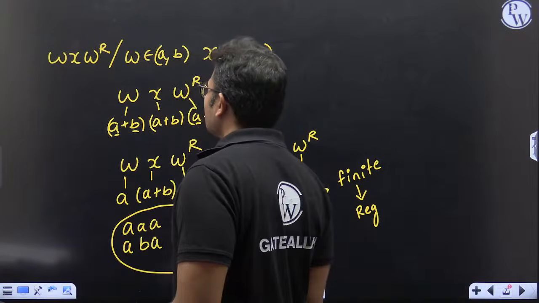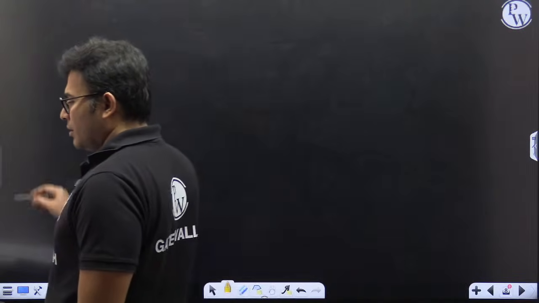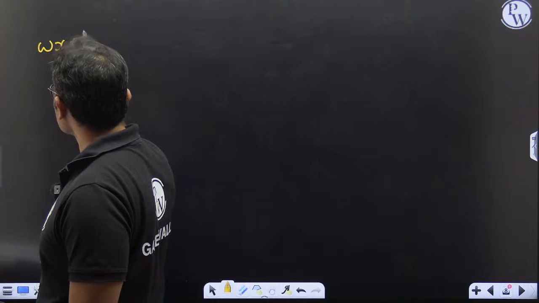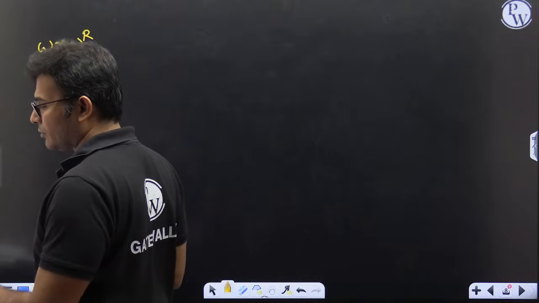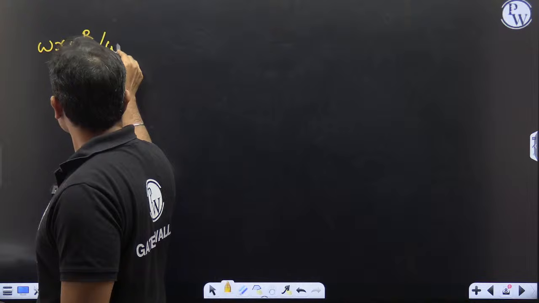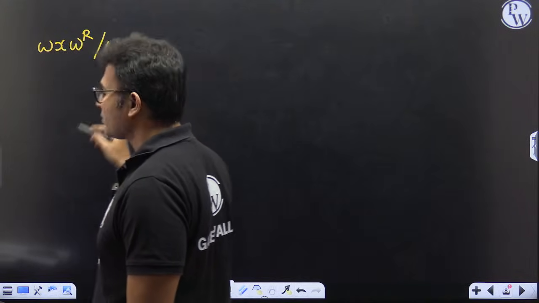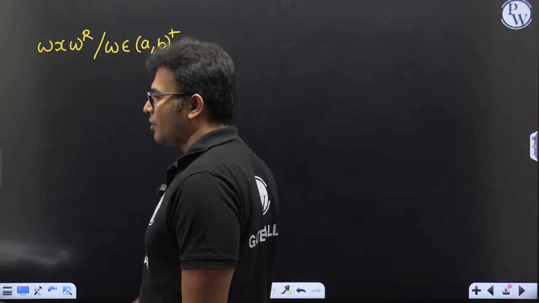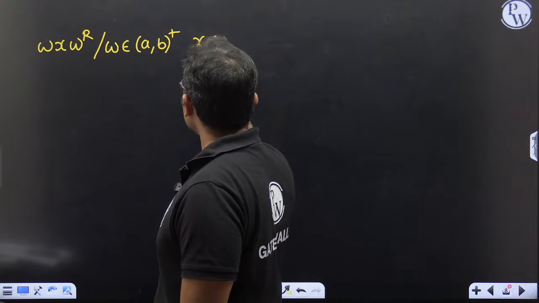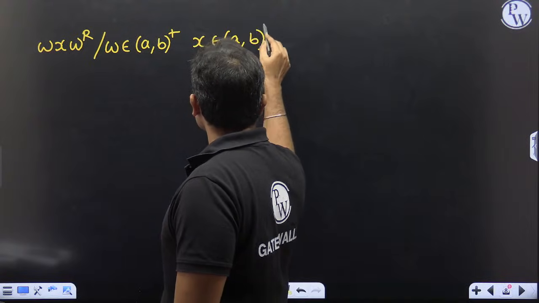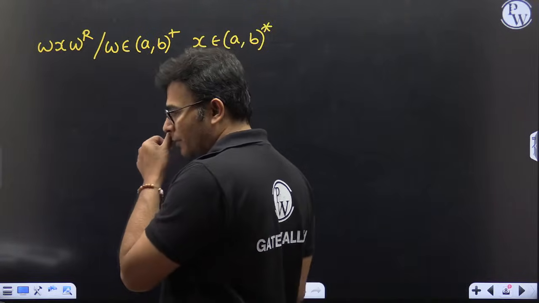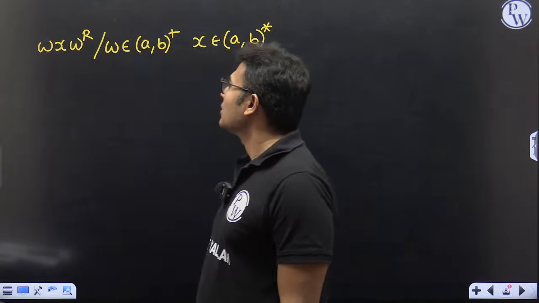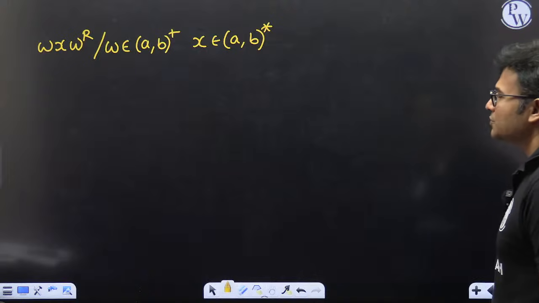Now answer this question. WXW^R such that W belongs to {A, B}+ and X belongs to {A, B}*.